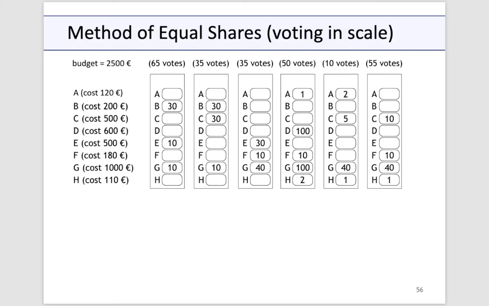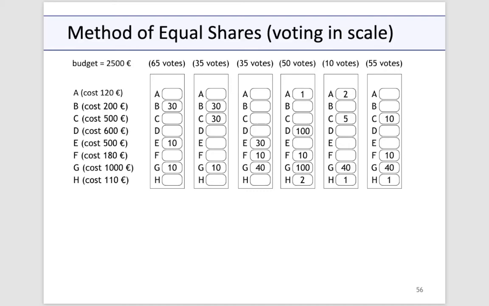Here once again we have 8 projects, but the projects now have different costs. For example, project A costs 120 euros, project B costs 200 euros, and so on and so forth. The total available budget is 2,500 euros. There are 250 voters, and each voter was asked to assign between 0 and 100 points to each project.